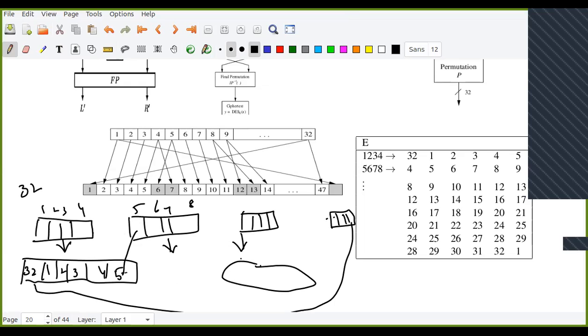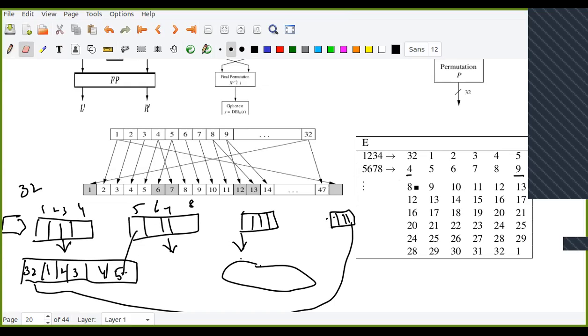So the previous block's last one comes here. 4 is that. Is it okay? 4 and 9 are clear? Okay, so let us work out one thing. 9, 10, 11, 12, this block now becomes 6 length.